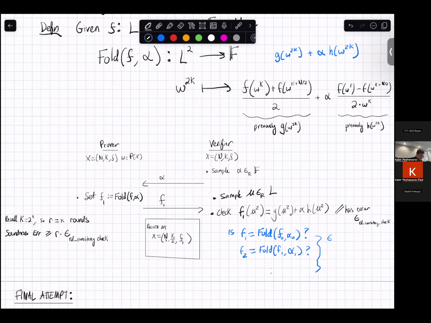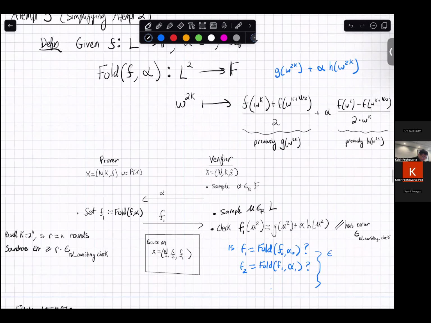Lots of things happen. It can compute G of mu squared from f of mu and f of minus mu. You can compute H similarly.